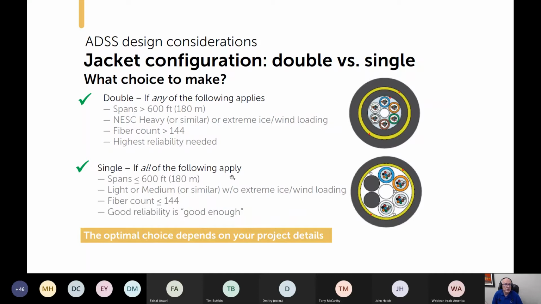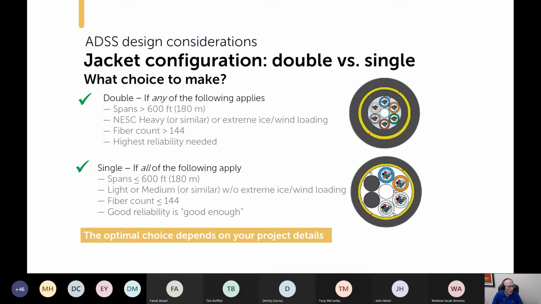So what should you be doing? Well, turns out the optimal choice, there isn't one. It depends upon what you're trying to do, what your goals are. I think you should use double jacket if any of these conditions apply. So if you're over 600 feet, I think you're better off going with the double jacket construction. If you're in an NESC heavy loading district or something similar, for those outside the United States, you're going to have your own loading conditions.